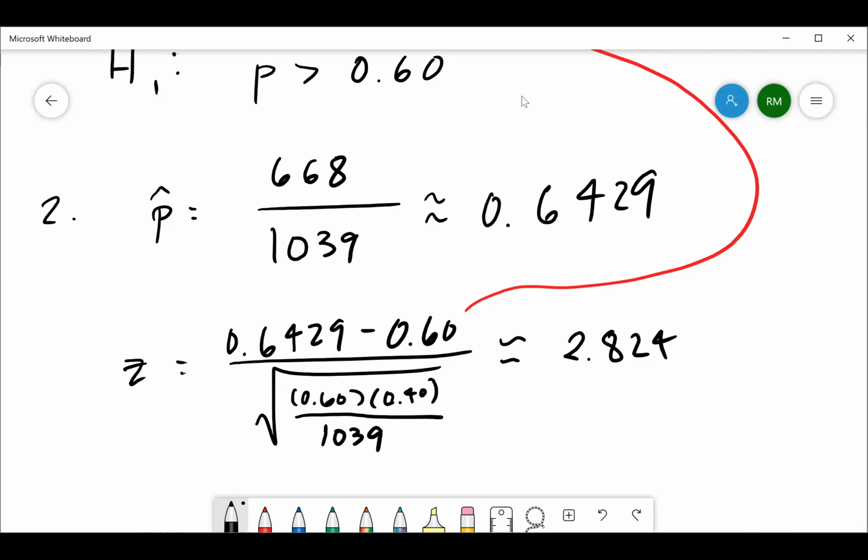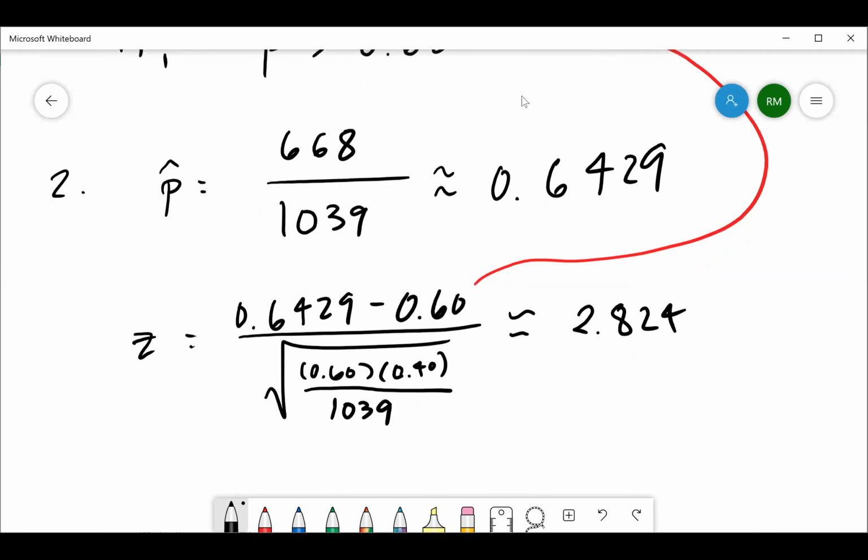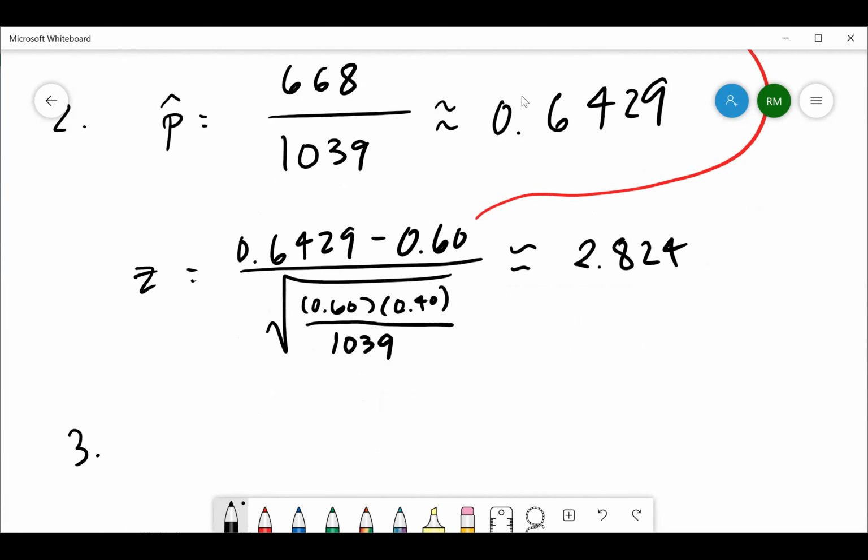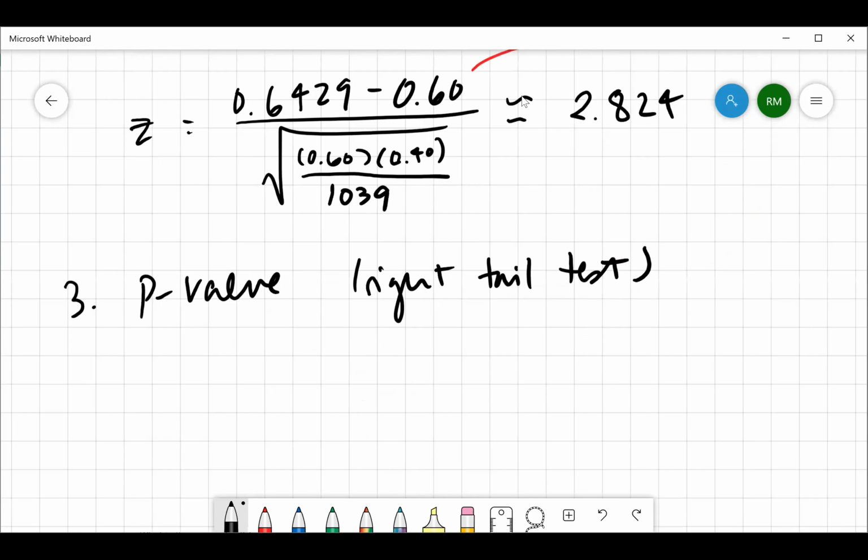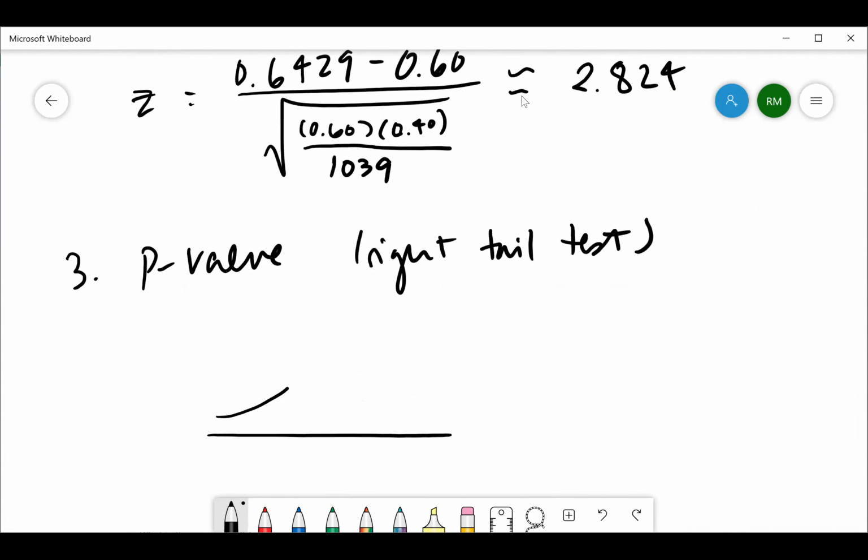So now we need to calculate the p-value. Remember that this is a right-tailed test. Here is our standard normal. Here is 2.824, and we want to know the right tail area. Let's use Excel to help us out. Remember, Excel will tell us the left tail area.